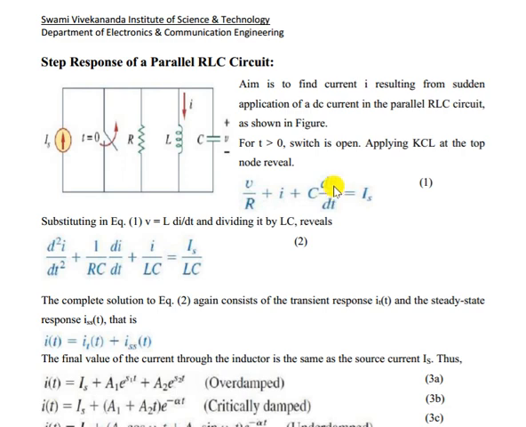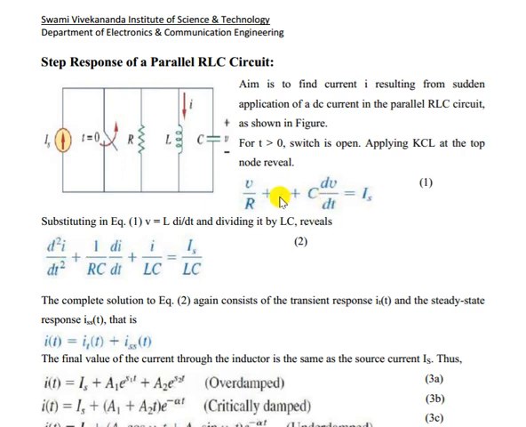Then what you will get, if we put L di by dt here, it will be LC d squared i by dt squared. We have the LC term here, so we can divide by LC and that will cancel out.